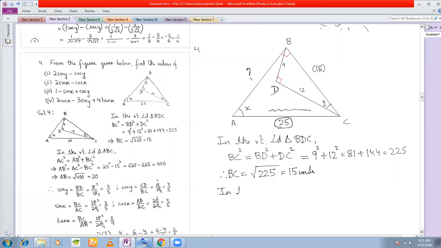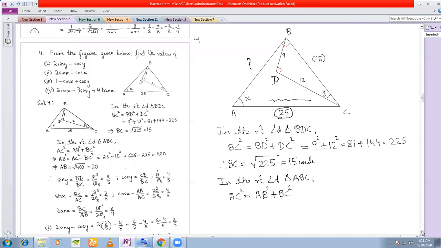Again, we write in the right angle triangle ABC, AC is my hypotenuse. I'll write AC square equals AB square plus BC square. I put the values here.